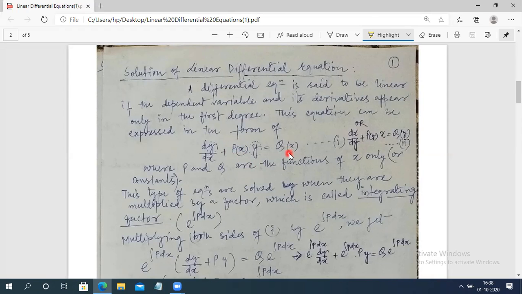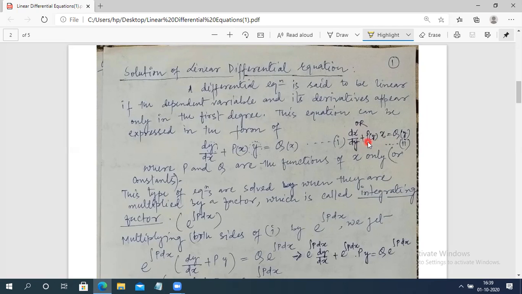Okay, and if it is dx/dy, then it will be of the following form: dx/dy + p x = q, where p and q both are functions of y only, or they may be constant.